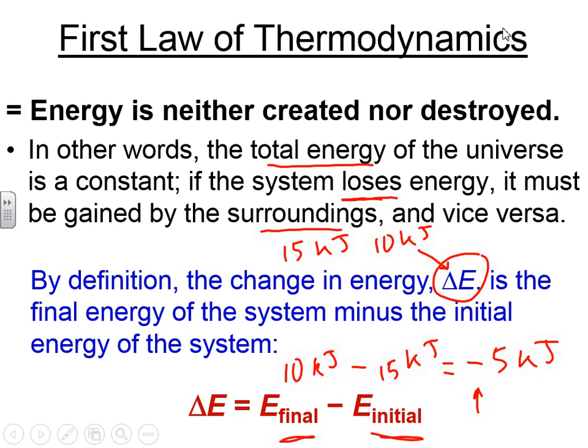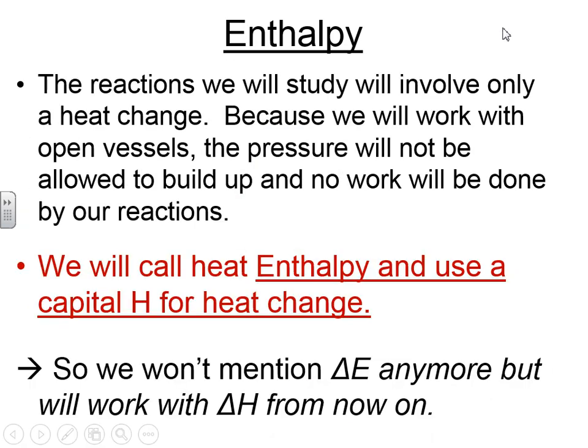So now we're going to define something called enthalpy, which deals with heat, which is actually the heat portion of the energy change. We're not going to calculate the amount of work created by chemical reactions.